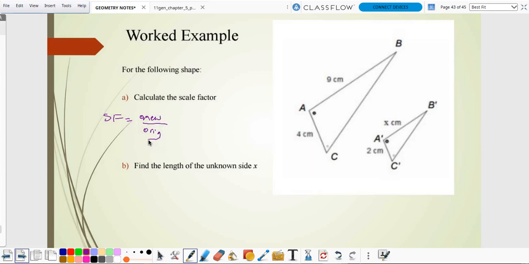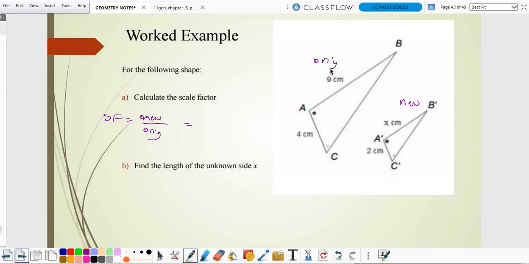Okay, so in this case, when Lily asks, how do you know which one's new, which one is original? Normally, I always treat this new shape as the one that you're looking for, the unknown length. Okay, so that's my new shape, and this is my original shape. In this case, right? So I can see now it's getting smaller. Okay, the scale factor is going to be a number less than 1, or a fraction.